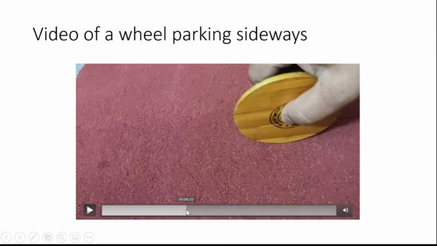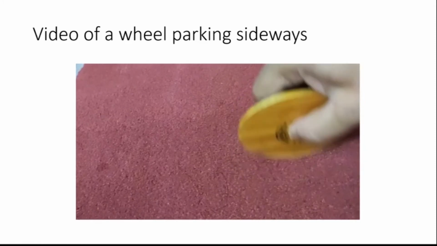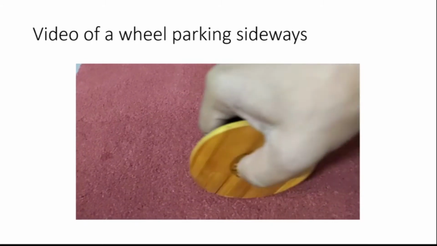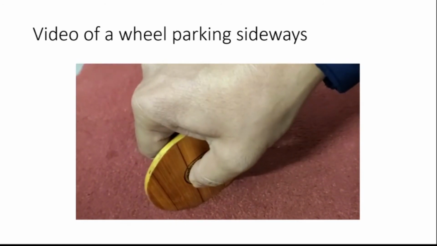But if I wanted to park it sideways, that means I want to place it at some other configuration in the workspace, then I can make a series of maneuvers, or perform a collection of motions which will enable the wheel to go and park sideways. And what are those motions? First, I go straight, then I rotate. That is my second motion.